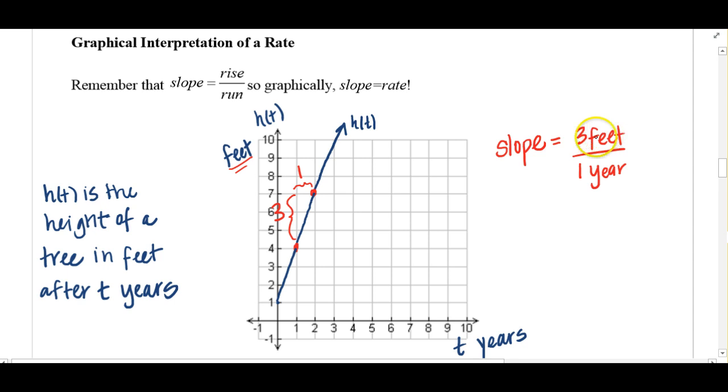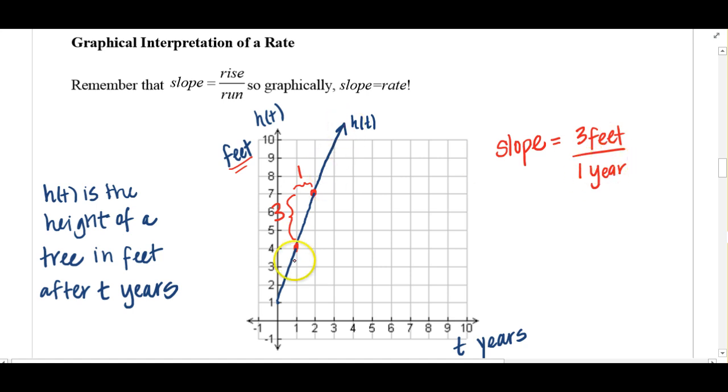So what we just found by analyzing the slope of this linear function is a rate. We found the rate at which the tree grows between 1 and 2 years on average. So between year 1 and year 2, this tree grew at a rate of 3 feet in 1 year.